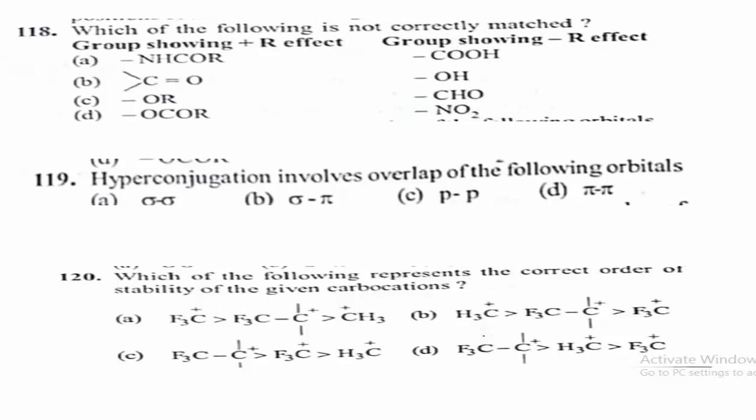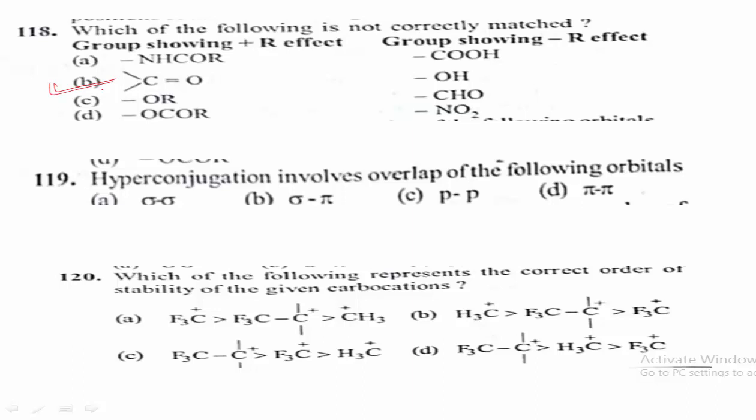And C=O, the carbonyl group, should show minus R effect, meaning negative resonance effect, but they have given it as positive R effect. Therefore option B is not correctly matched.